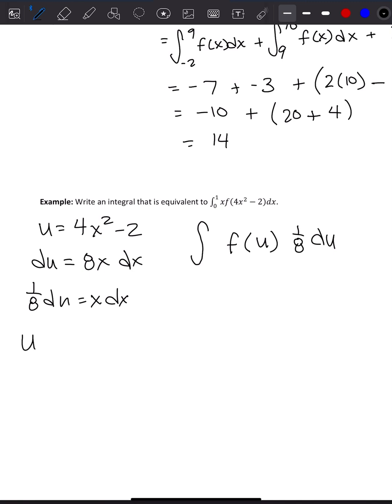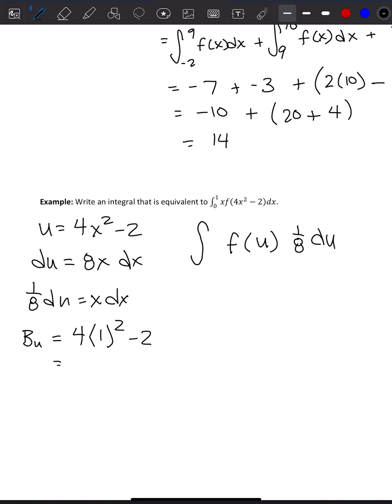So our upper bound is equal to 4 times 1 squared minus 2.